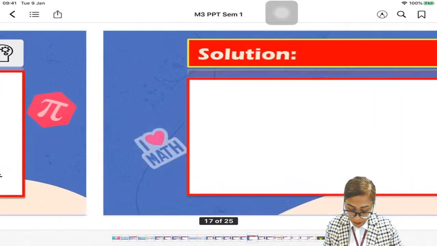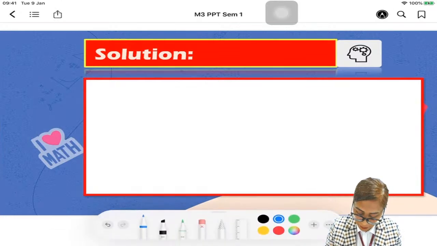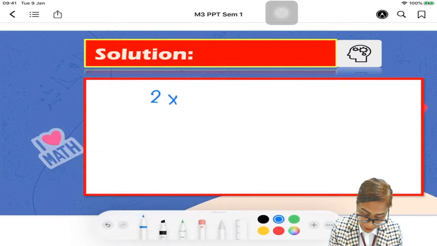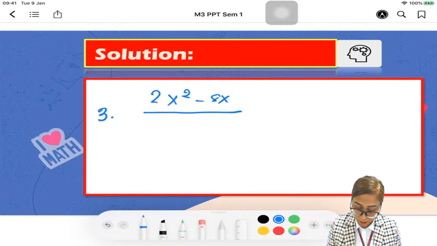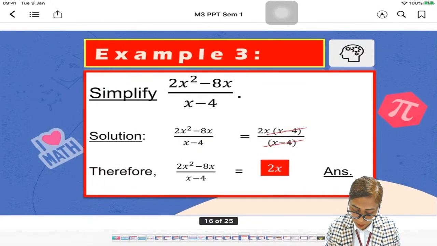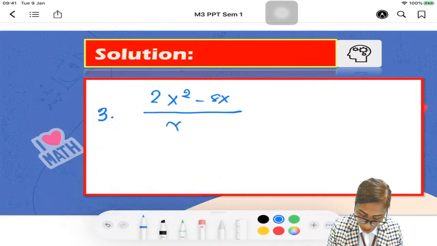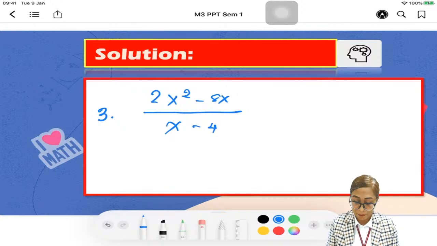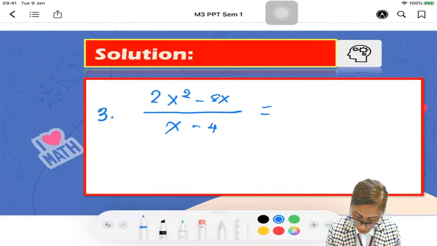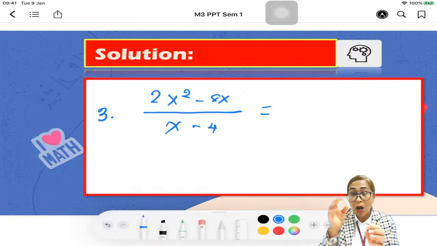So we'll have 2x squared minus 8x, simplify 2x squared minus 8x all over x minus 4. Okay, how do we simplify this? First step, take out the common factor.